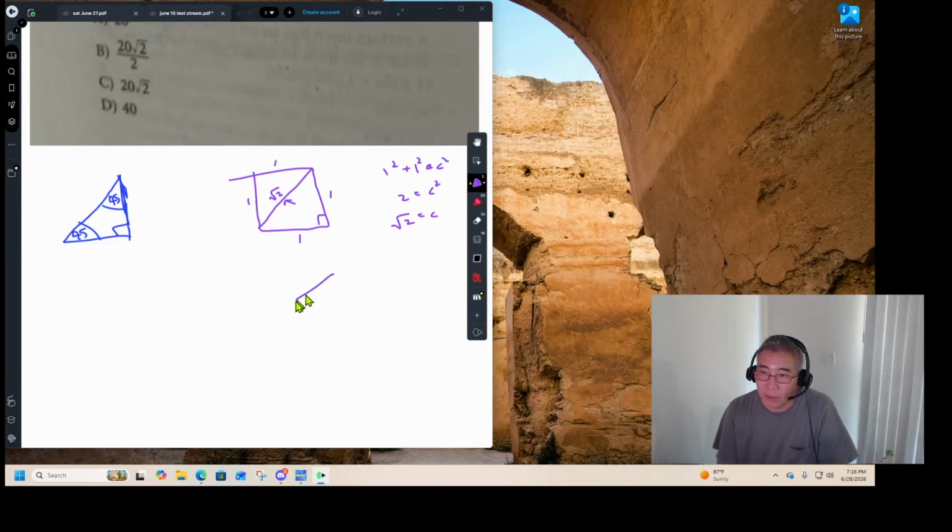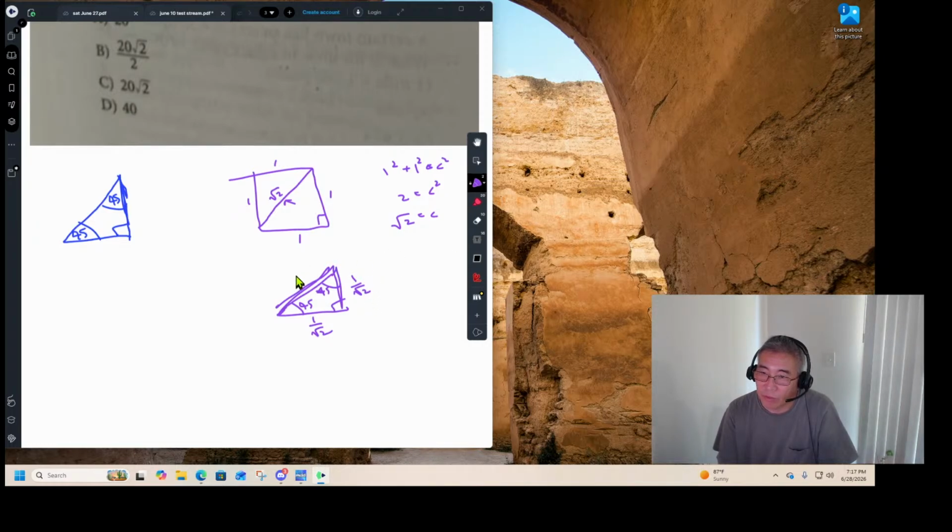Another useful combination would be if you had a 45, 45, 90 triangle and these two sides were 1 over square root of 2. Then with Pythagorean's theorem, 1 over square root of 2 squared is 1/2, and if you add 1/2 and 1/2, that would be 1.